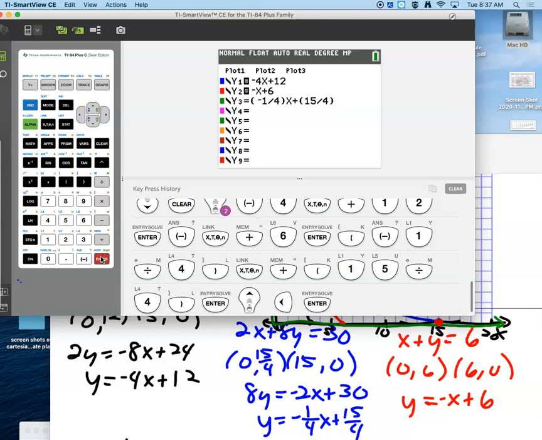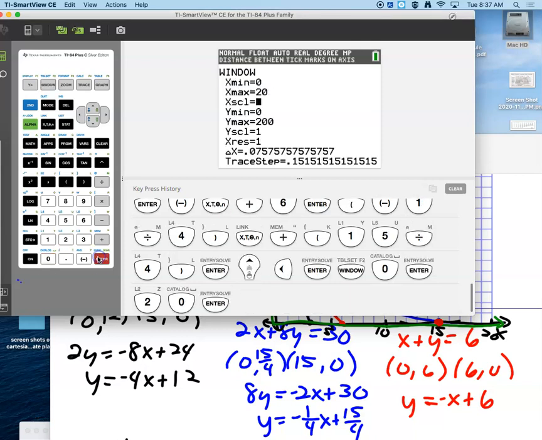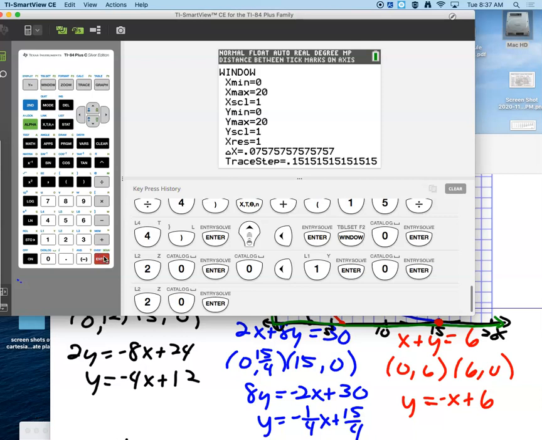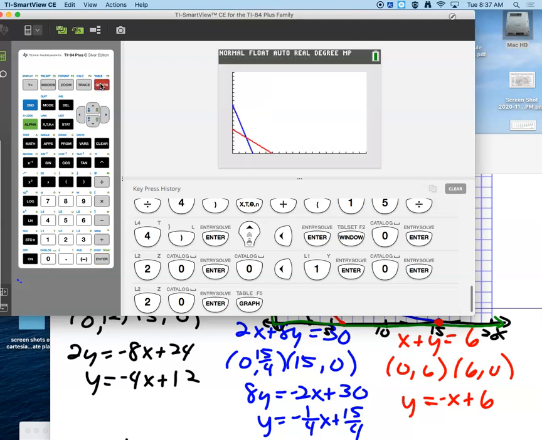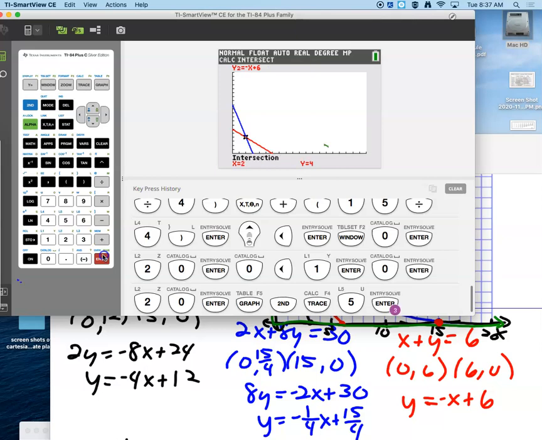And then I can just turn it off for the time being. Now, we went from 0 to 20 on both of our axes this time, so we probably want to make that change so things are a little easier to see. And yeah, that's where they hit each other, so let's find out where it is. That is at 2, 4.